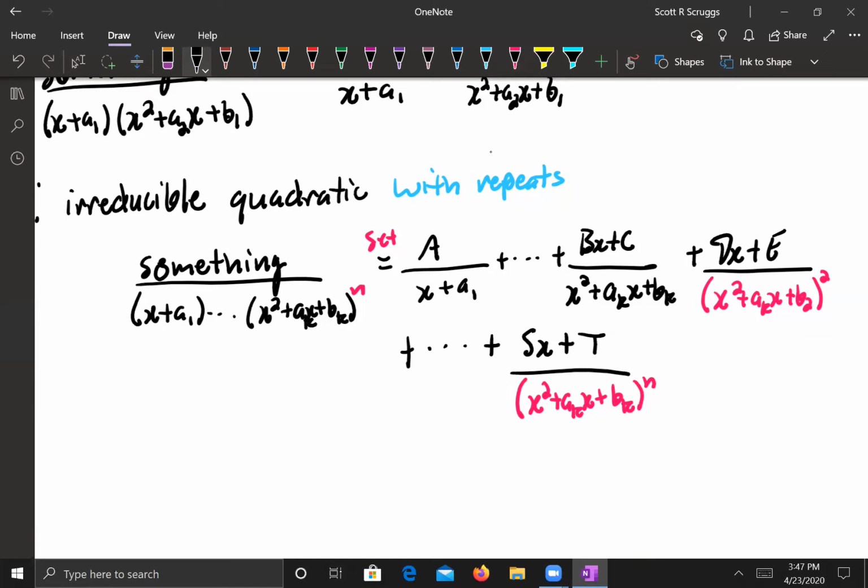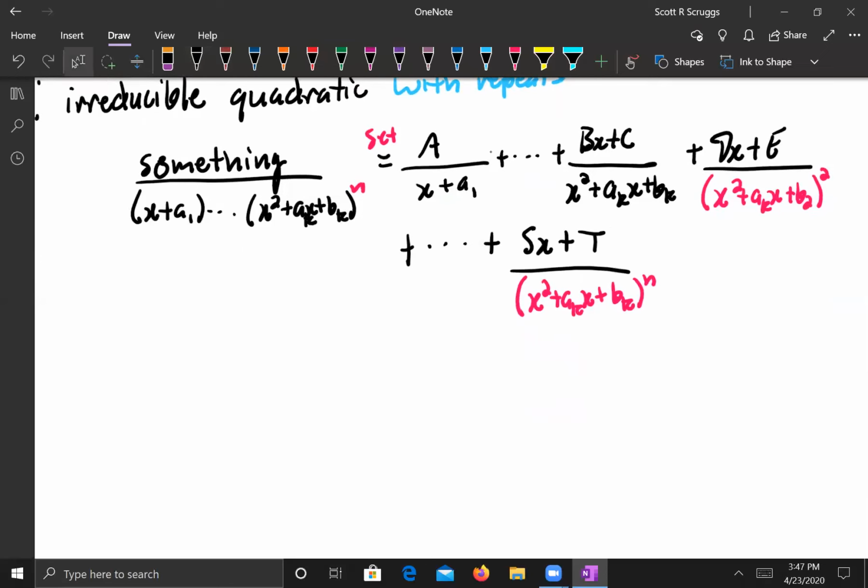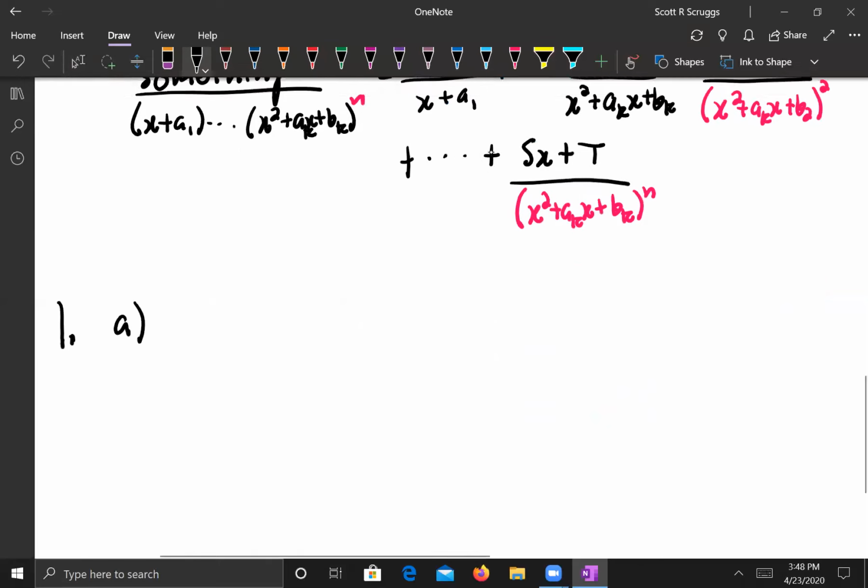Let's do a practice problem and get us warmed up for today. So here comes the practice problem. And I'm going to split this into 2 parts, mainly because I noticed that on test 2, your partial fraction problem was a 2-part one. And I did like how it was formatted, so I'll keep that format.